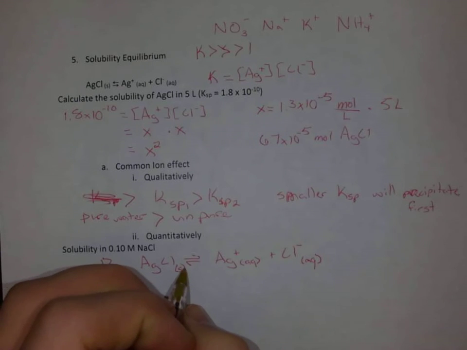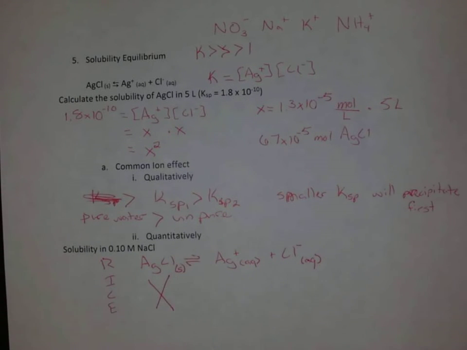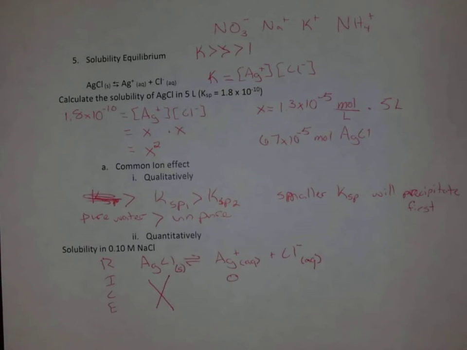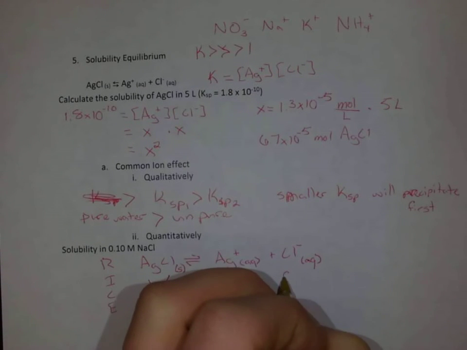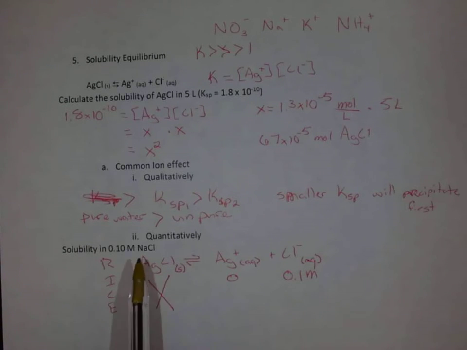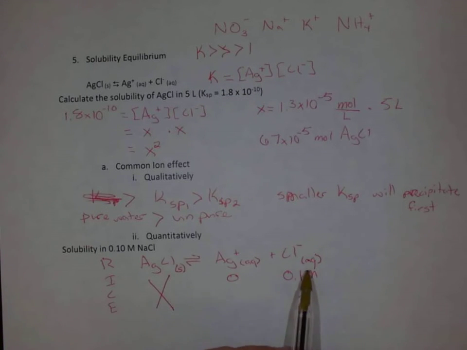This starts as a solid, so we don't care about the ICE for that, but we start out at 0 for Ag+, and our Cl- is actually going to start out at 0.1 molar. Our Cl- from our NaCl is completely soluble because our Na+ is totally soluble, so it's going to completely dissolve. So our initial value for chloride ion concentration is 0.1 molar.